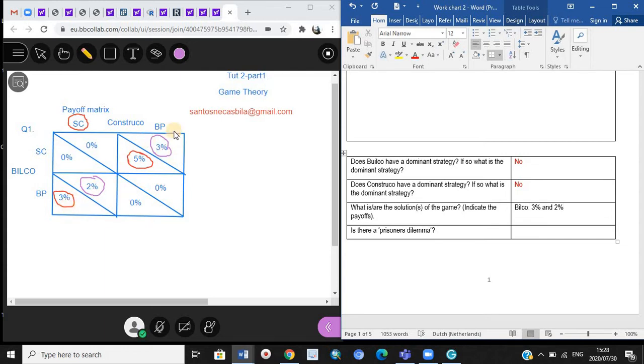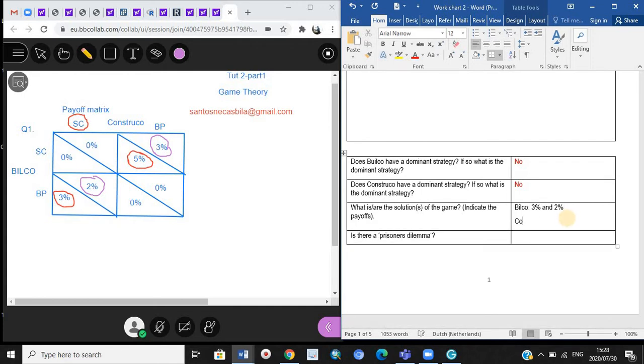And for Construco it is going to be 5% and 3%.